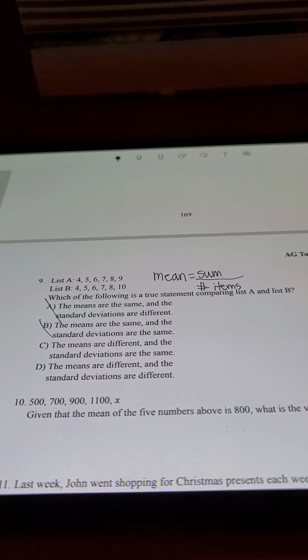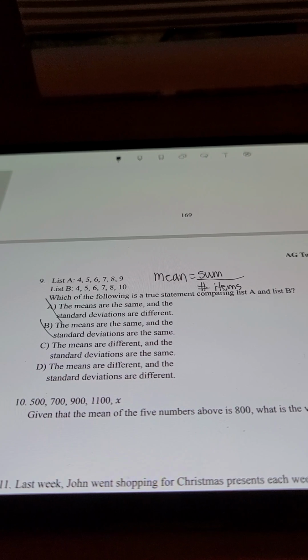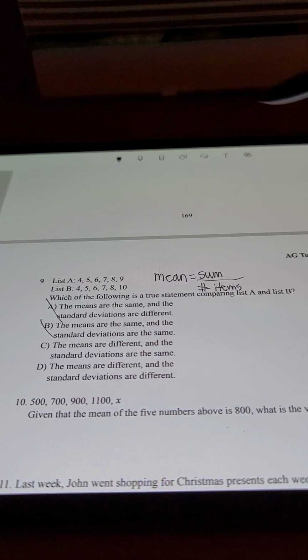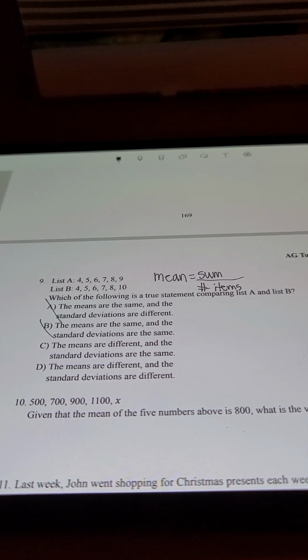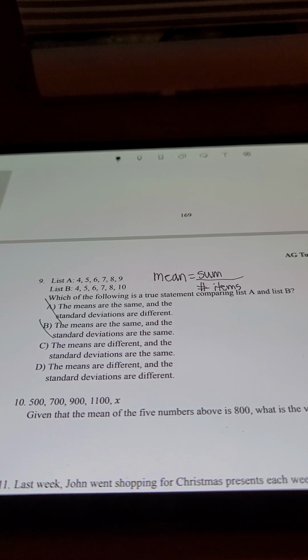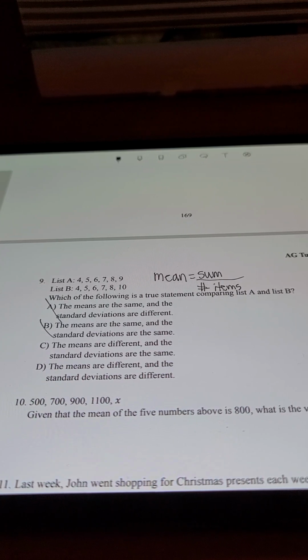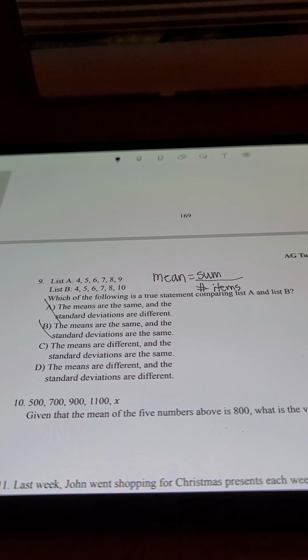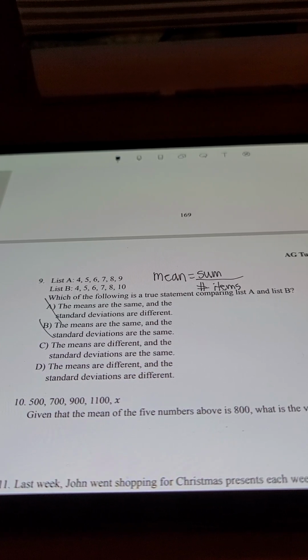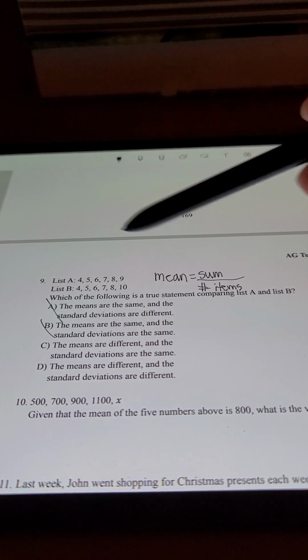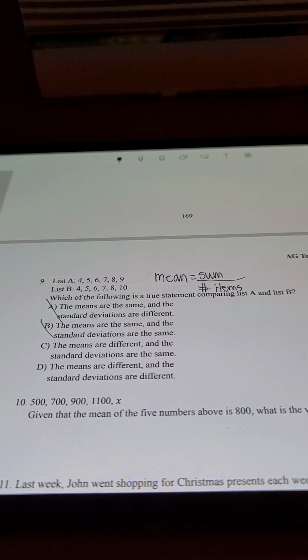So you're thinking, if I look at my data points, are they going to be spread out from the mean, I guess is more of a layman's way of saying it. Are they going to be spread out from the mean the same amount? Are they going to deviate from the mean the same amount?